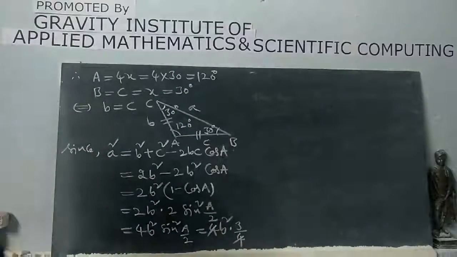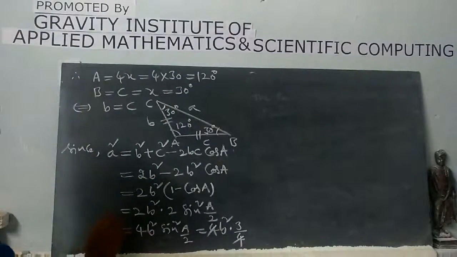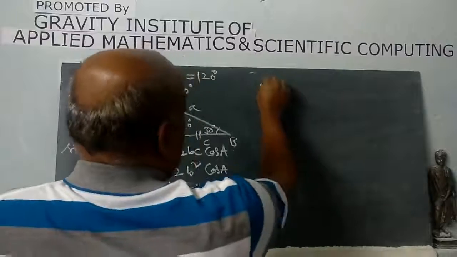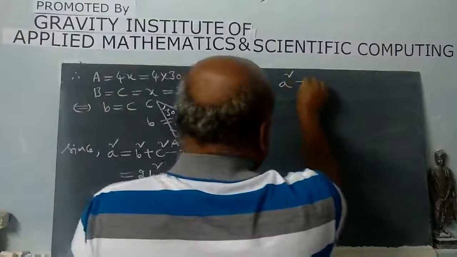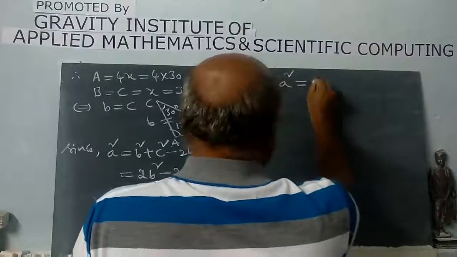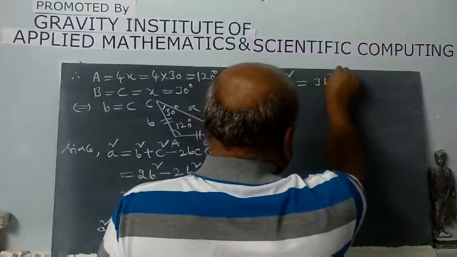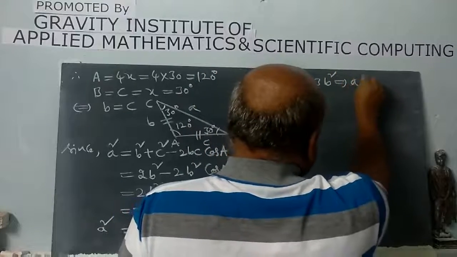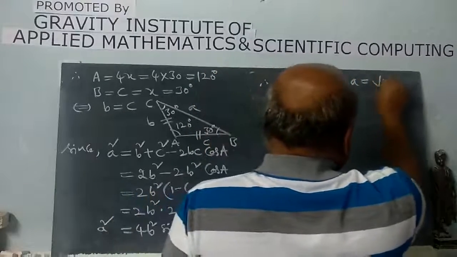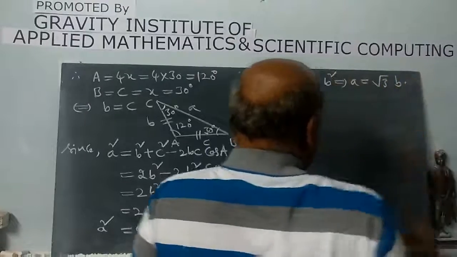This is all equal to a square. So, therefore, a square is equal to 3b square. This implies a is equal to root 3 into b.